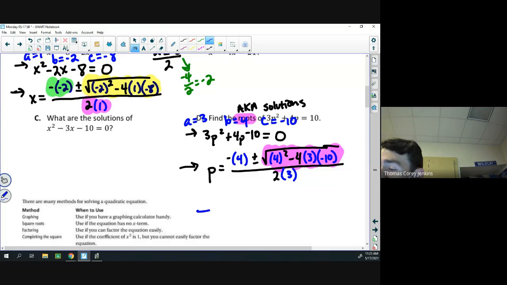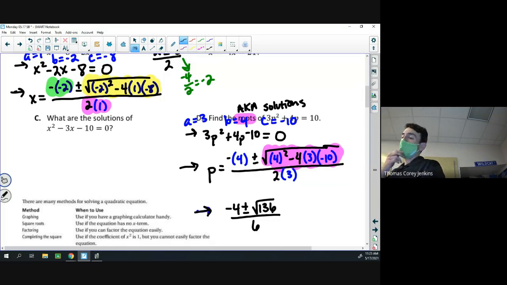So the next step is going to look like this: negative 4 plus or minus the square root of 136 over 6. And the reason we left it as a radical is because 136 is not a perfect square, okay? And that's going to help us to round at the very end, right?